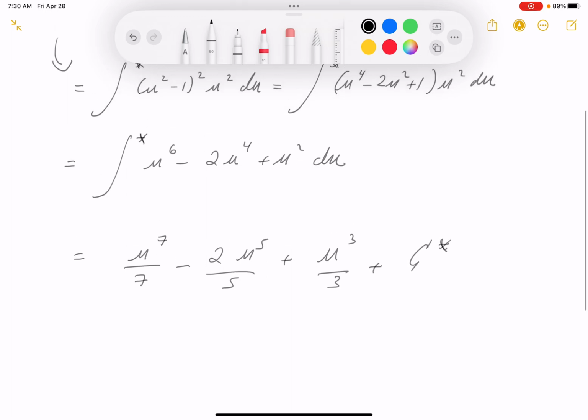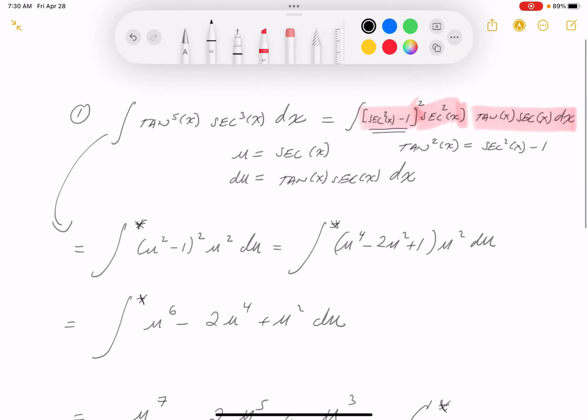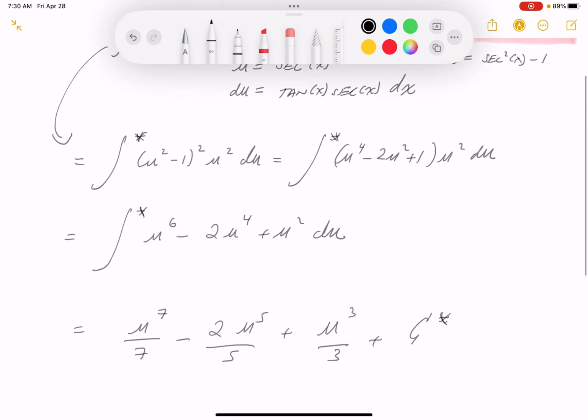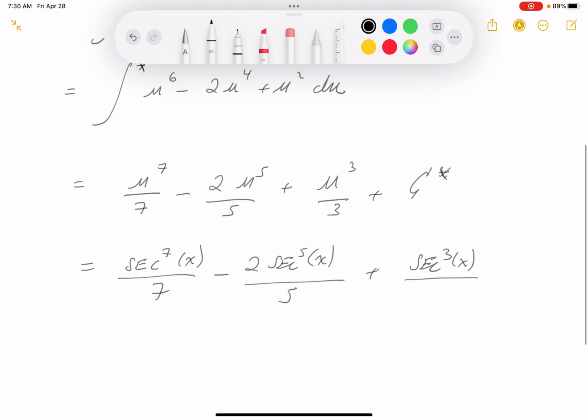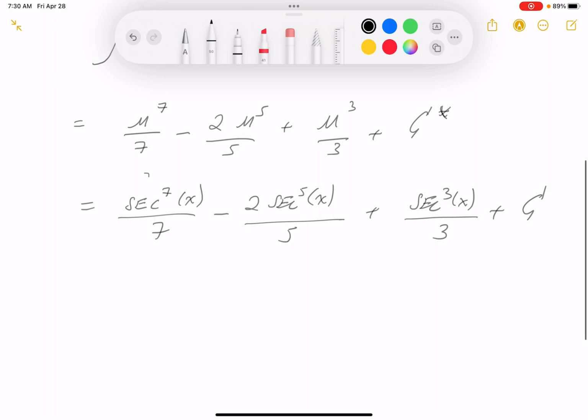Now I need to go back to the x's, and the question is what's u? Well, u is secant x. Let's write this down now. So what do you get? Secant to the 7th x over 7 minus 2 secant to the 5th over 5 plus secant cubed over 3 plus a constant c. I always say it's a fine looking answer.